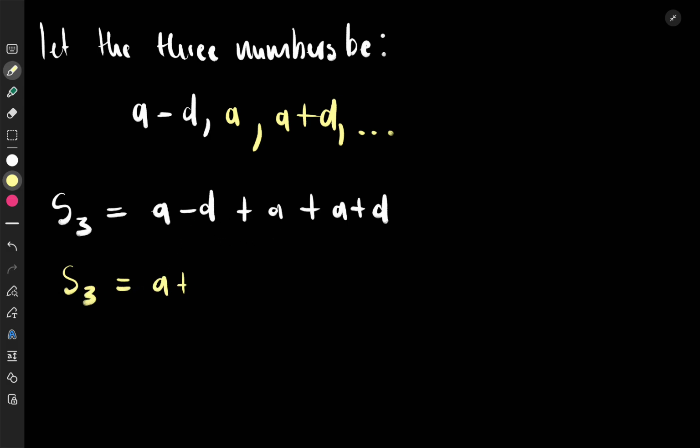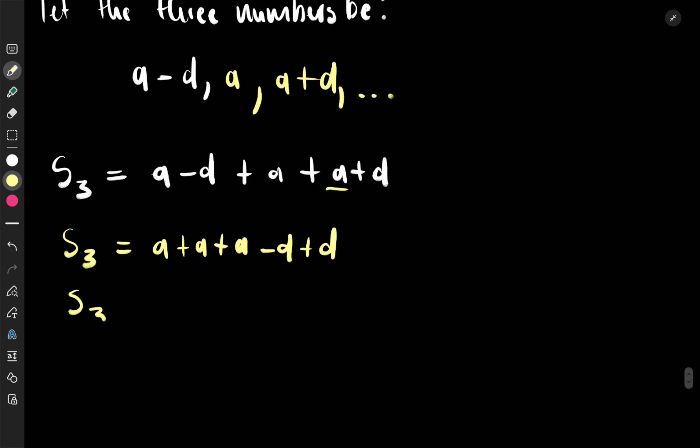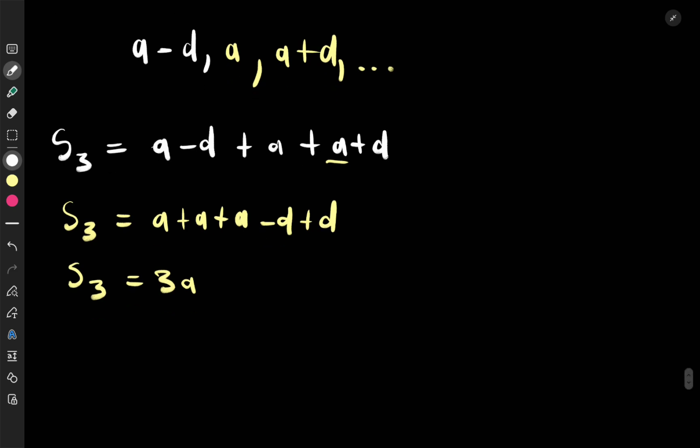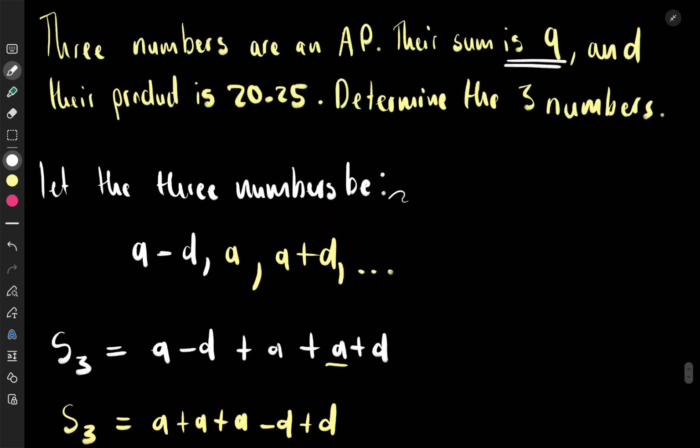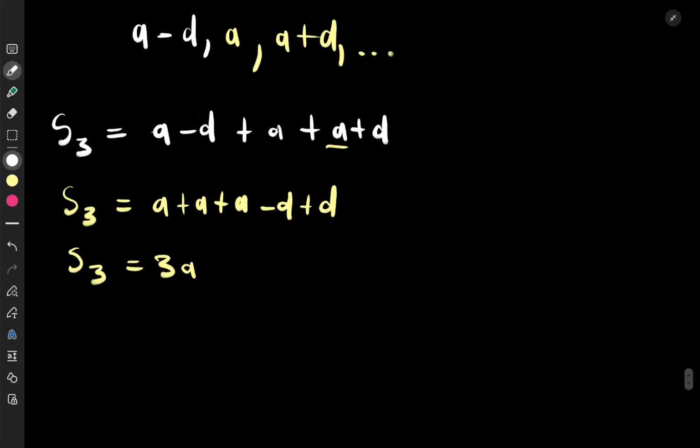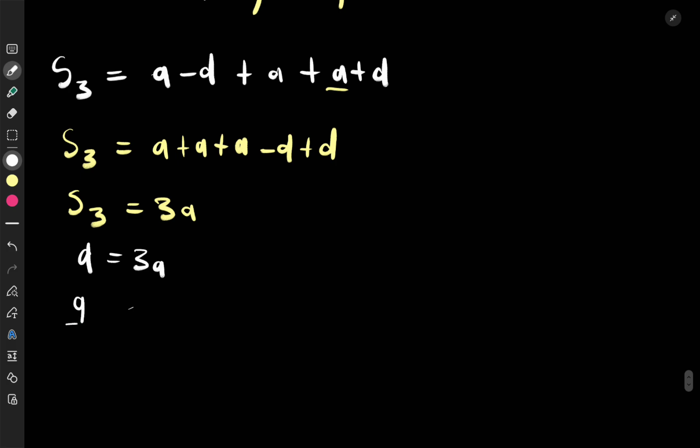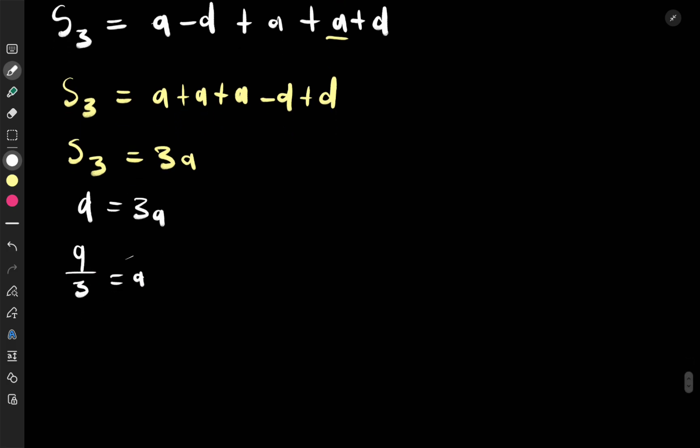We can group like terms: A plus A plus A, the A's are all positive so they add, then we have a minus D and a plus D. So the sum of the 3 terms is 3A, as minus D plus D cancels. We have been told the sum of the 3 numbers is 9, so 9 is equal to 3A. Taking 3 to the other side, 9 over 3 is equal to A, and 9 over 3 is just 3. So A is equal to 3.